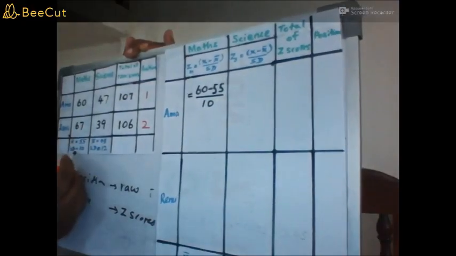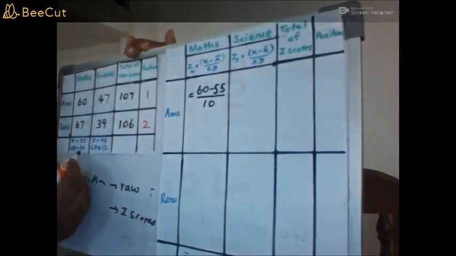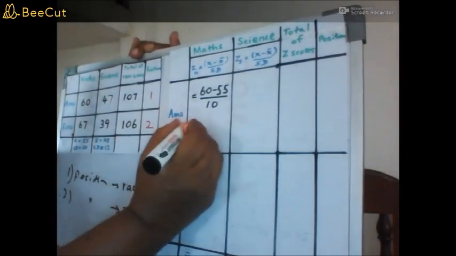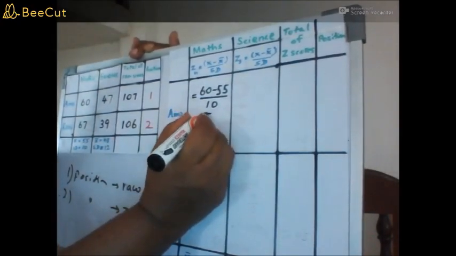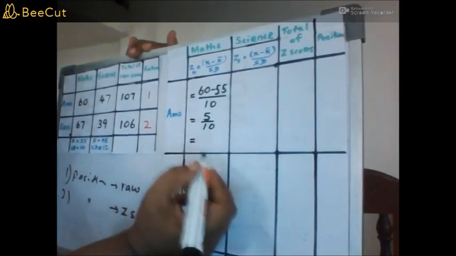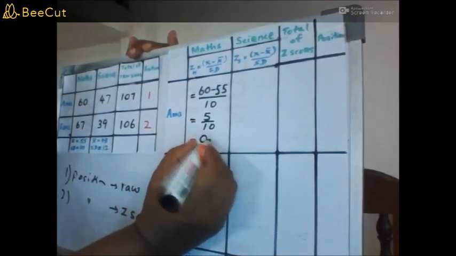Here the standard deviation is 10. Then what is the answer here? 5 divided by 10. So the Z score is 0.5.